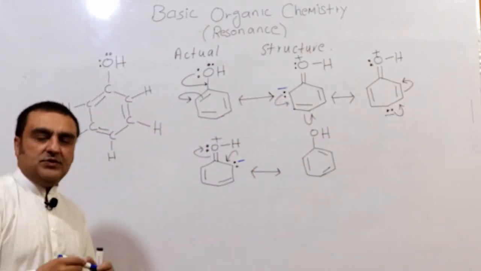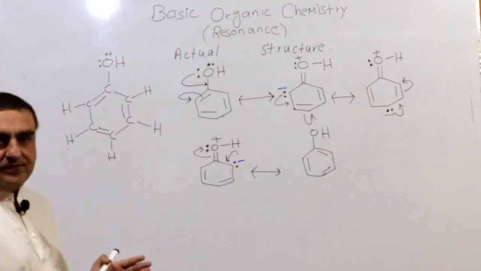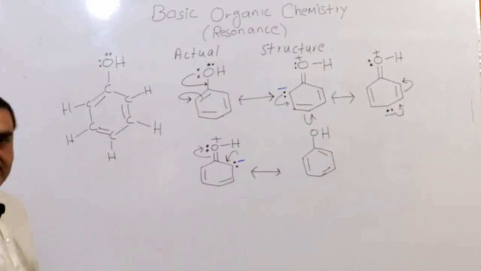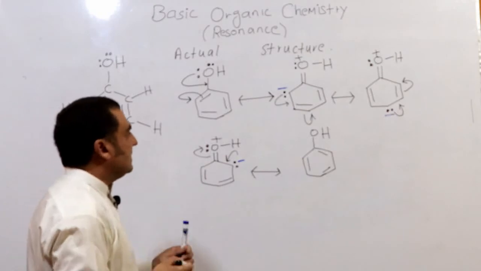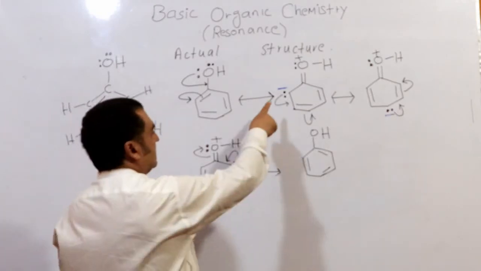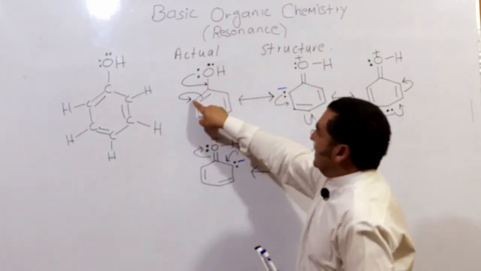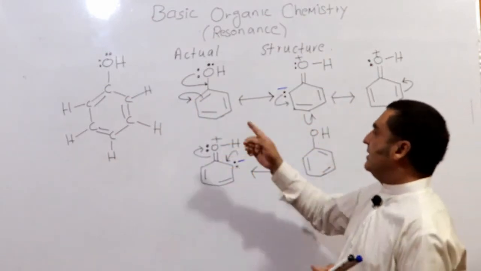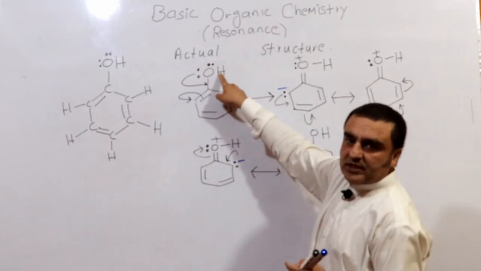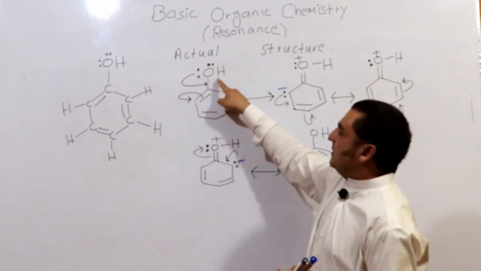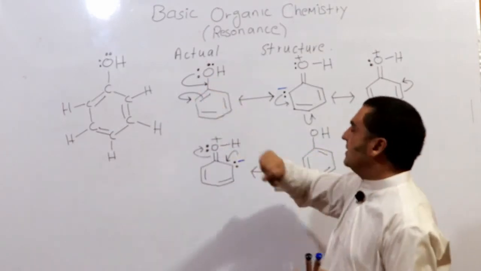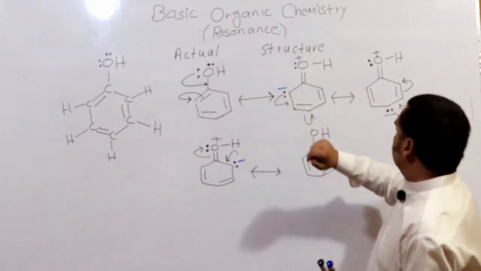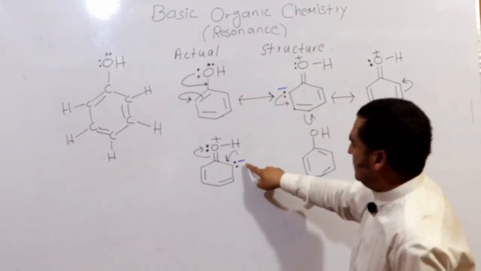Now as you look at all those structures, you can see a pattern. A pattern is that this carbon adjacent, or you can also call it an ortho position to this, okay, on the adjacent carbon to the functional group. This is ortho, this position, and this position.